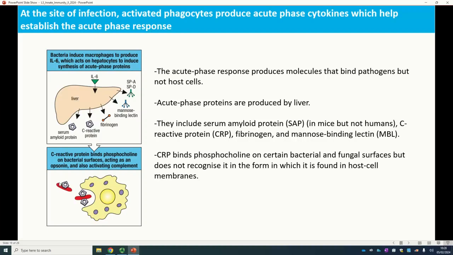So an example here is C-reactive protein. It will tag microbes, and then it will act as an opsonin, so it will enhance that phagocytosis, and it will also activate the complement cascade that we'll talk about. So essentially, the acute phase proteins will help to bind pathogens and enhance that phagocytic response.